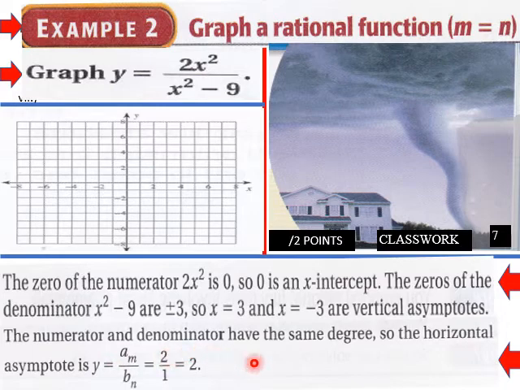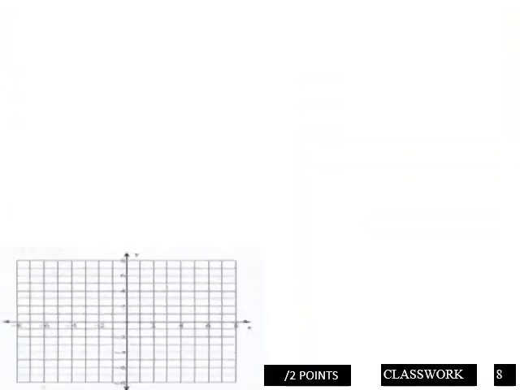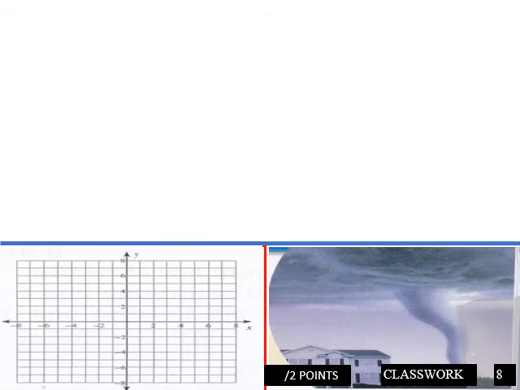The numerator and denominator have the same degree, so the horizontal asymptote is y equals 2 over 1, which equals 2. So what's this graph going to look like?